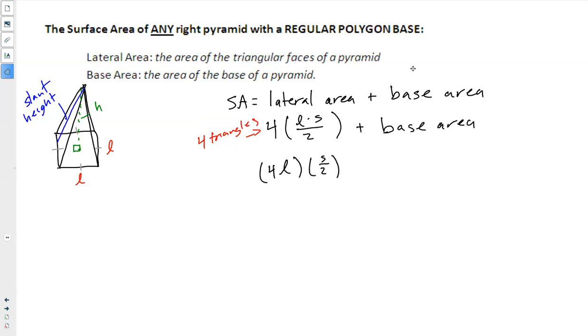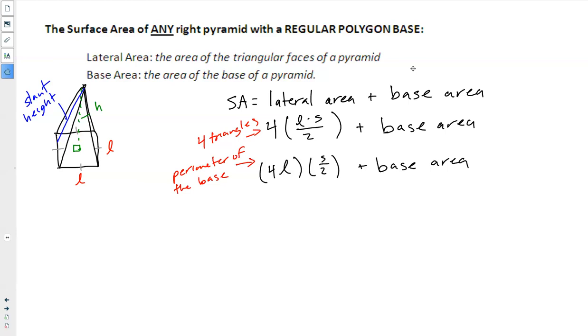It's the same thing, I'm just rearranging this, plus our base area still. So 4 length here, that is going to be the perimeter of the base, and we still have slant height divided by 2 plus the base area.